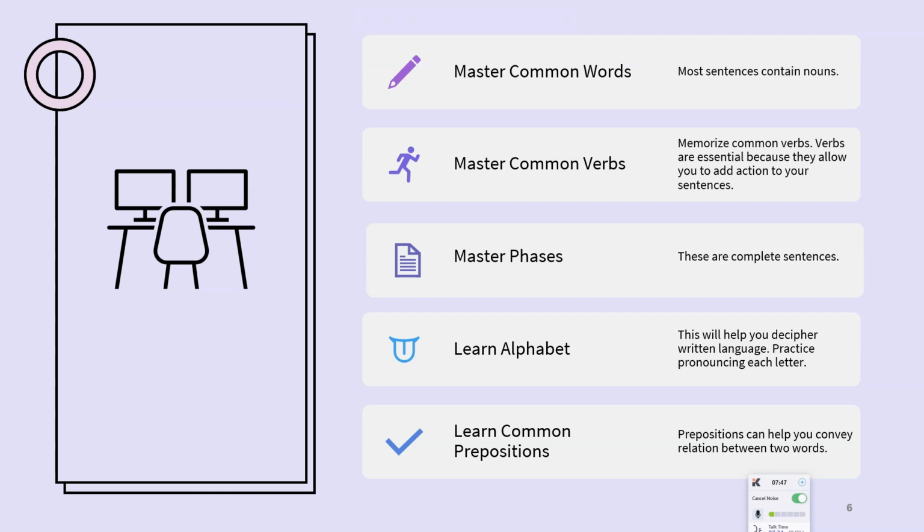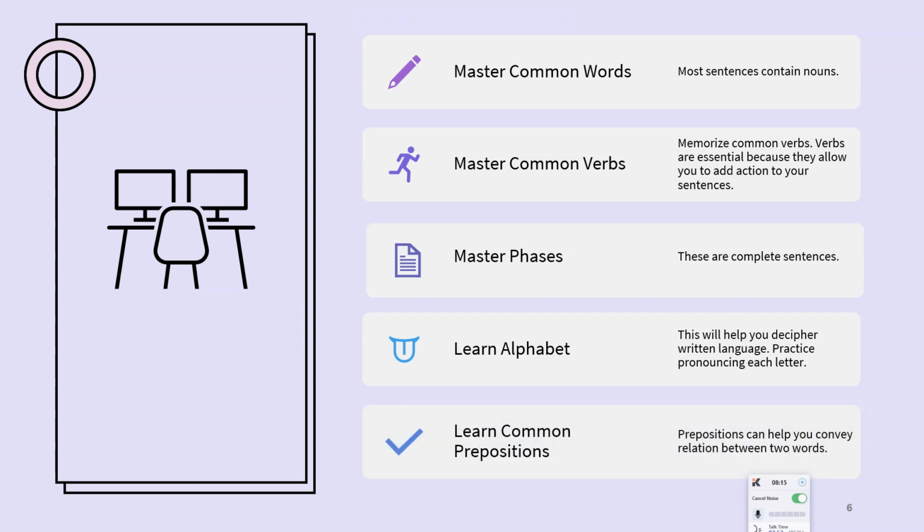And the reason I say learning the alphabet is important is because it helps you decipher written language. And then practice pronouncing each letter because that can help you master them, of course. Learning the alphabet can help you read, write, and that can add a whole other world into your learning process. It's really essential.